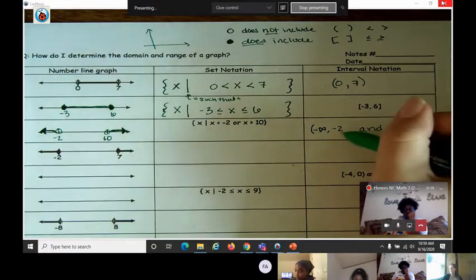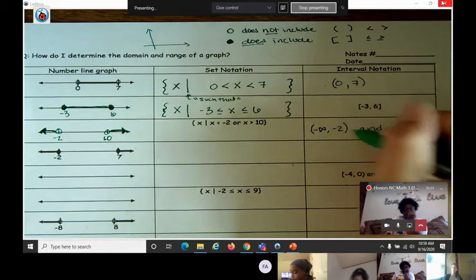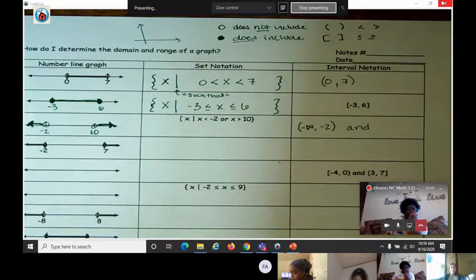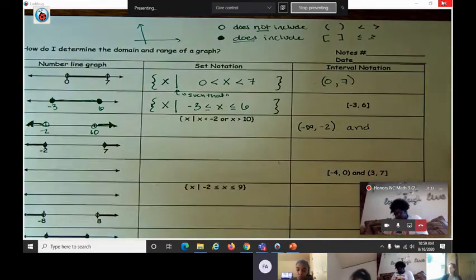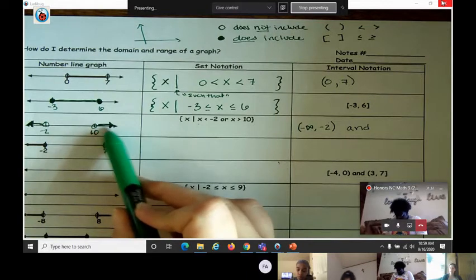And then, Tanaya, do I put a round or a square with the -2? A round one. Yeah, good. Okay, and then Francesca, help me out with the next one. What's the lowest that this section of the number line can go?